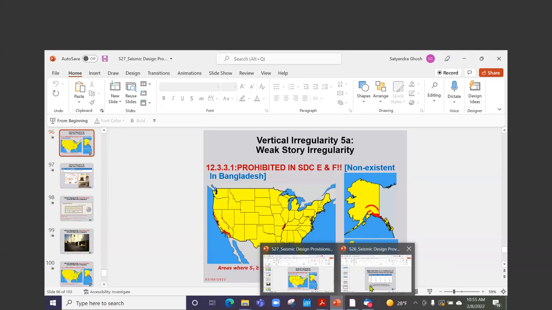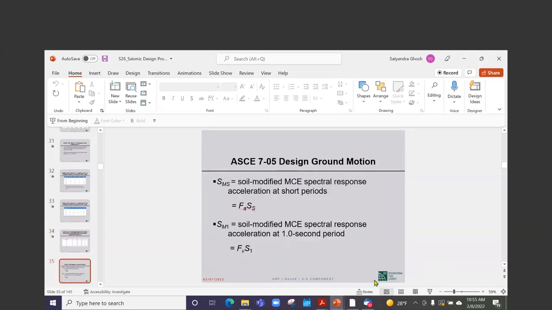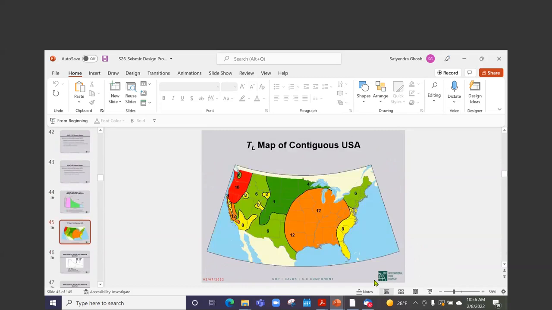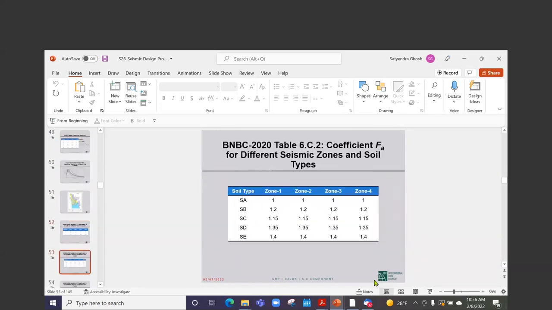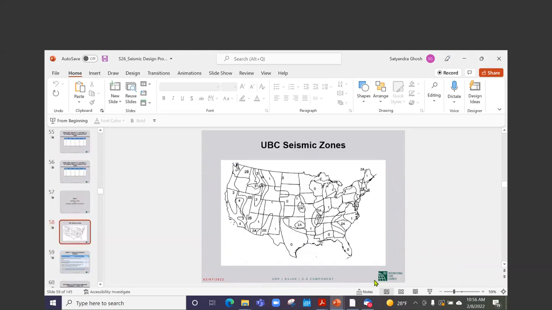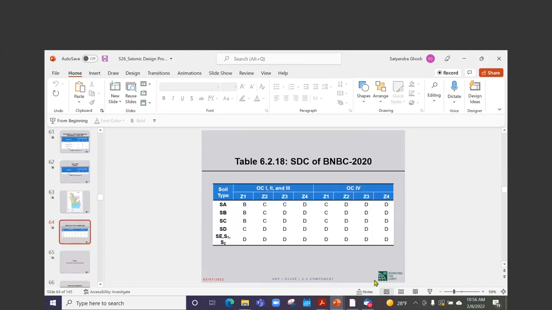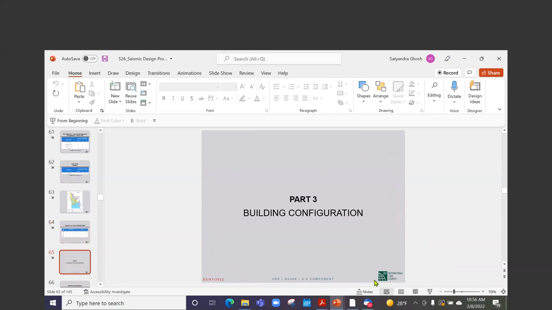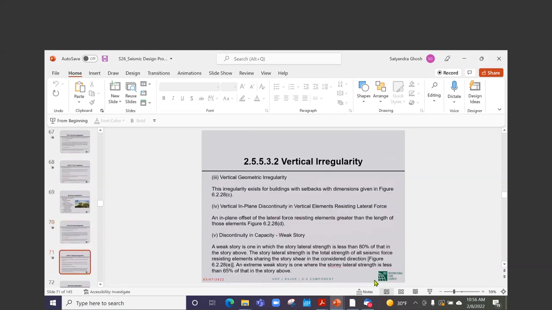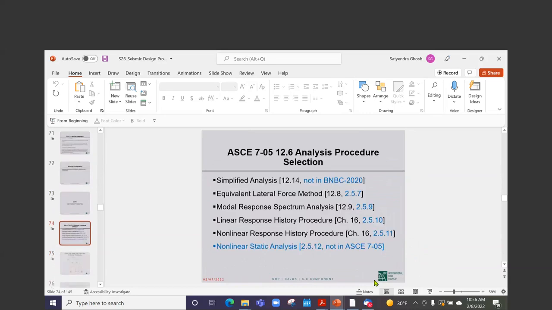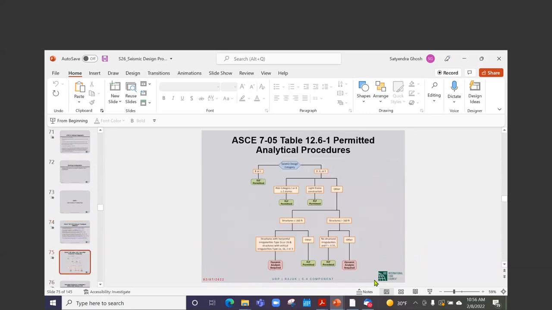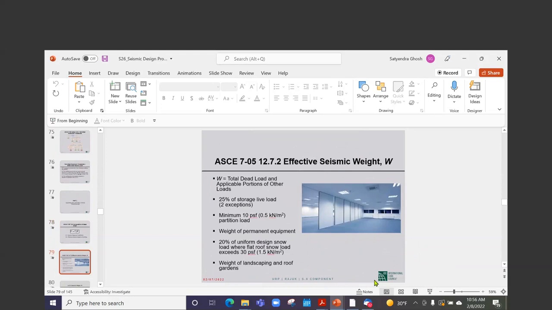Let me also check. Yes, a small part of it is shown in zone 2. If you're looking for the slide number, it is 51, Dr. Ghosh.